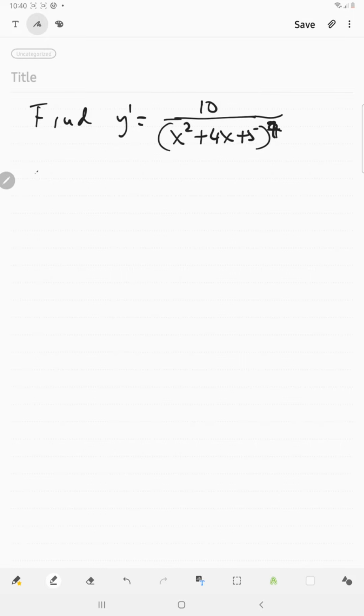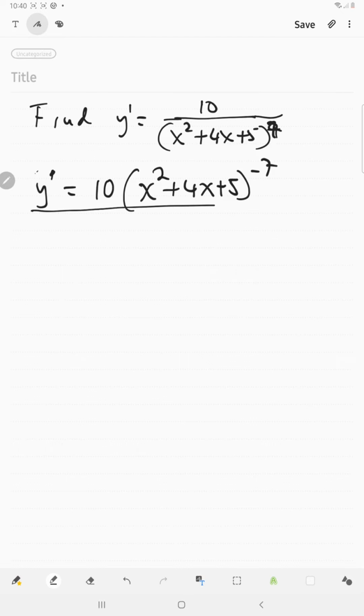This is the same as y is equal to 10 times (x to the power 2 plus 4x plus 5) to the power negative 7. It's the same as that.